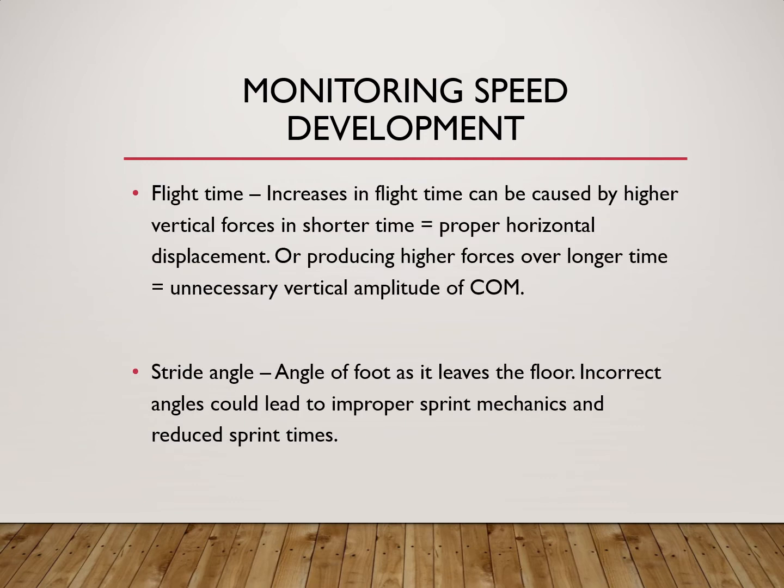We can also measure flight time. If we see an increase in flight time, we might see that as a result of higher vertical forces, and that may lead to more efficient horizontal displacement, or it may be that we're producing higher forces and getting some unnecessary vertical movement of the center of mass.